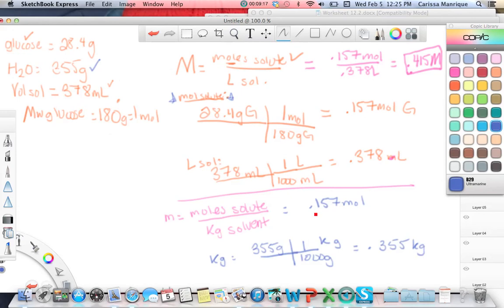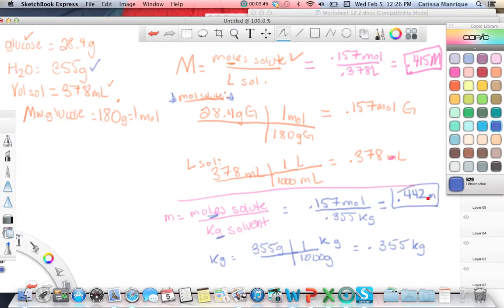Now I'm going to come over here and I'm going to put this into my formula now. 0.355 kilograms. Notice I have moles over kilograms, which is my units here. So now I'm going to divide this and I will get 0.442. Little m for molality. So notice, let me box that.